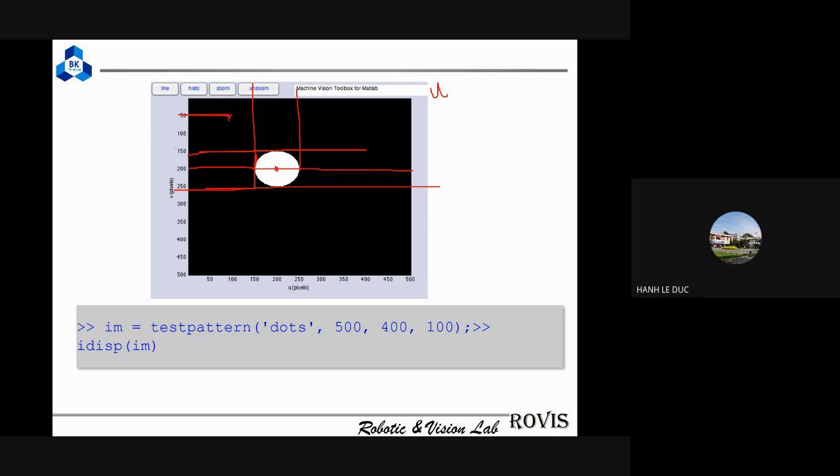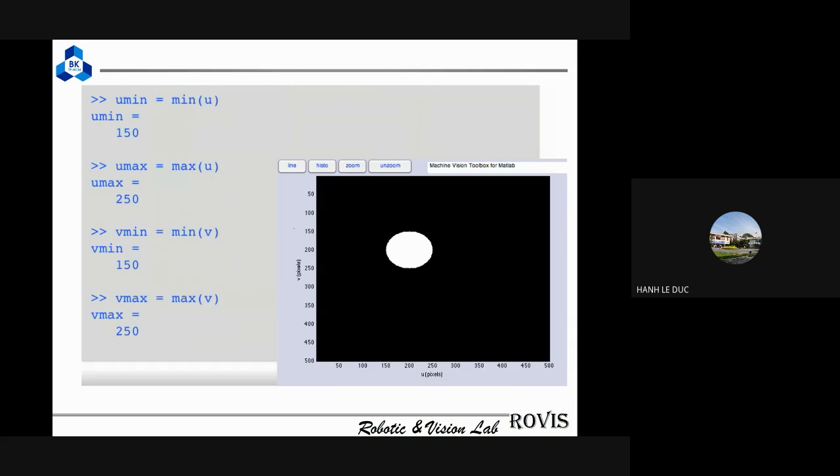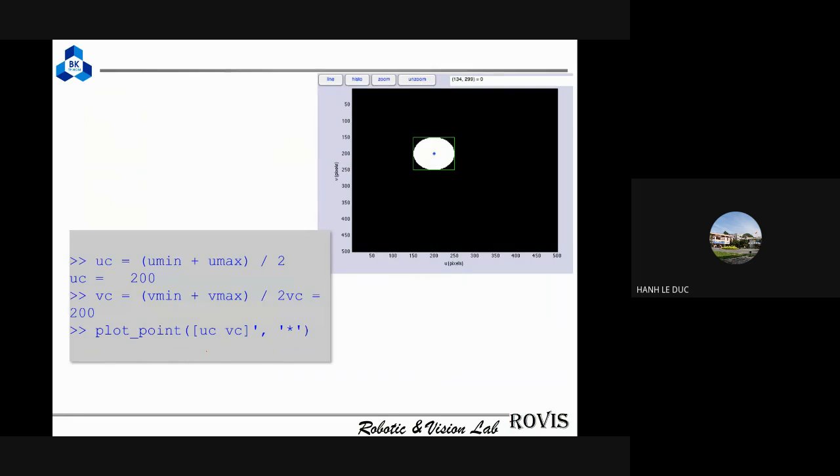Just do the average and you have the center. For example, by calculation you have u min 150, u max 250, and v min and v max, then just plus and divide by 2, and the center is 200 and 200.